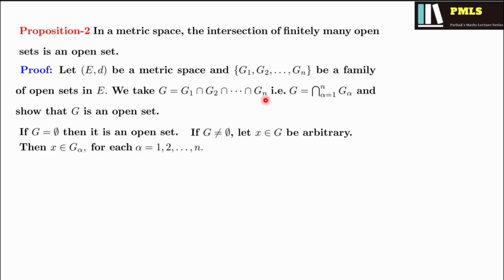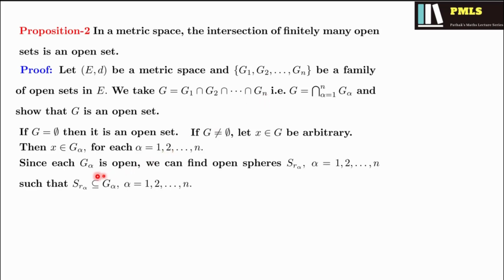a subset of Gn. So we can write that for each G alpha, we have open spheres SR alpha such that SR alpha is a subset of G alpha. This is because each G alpha is open.